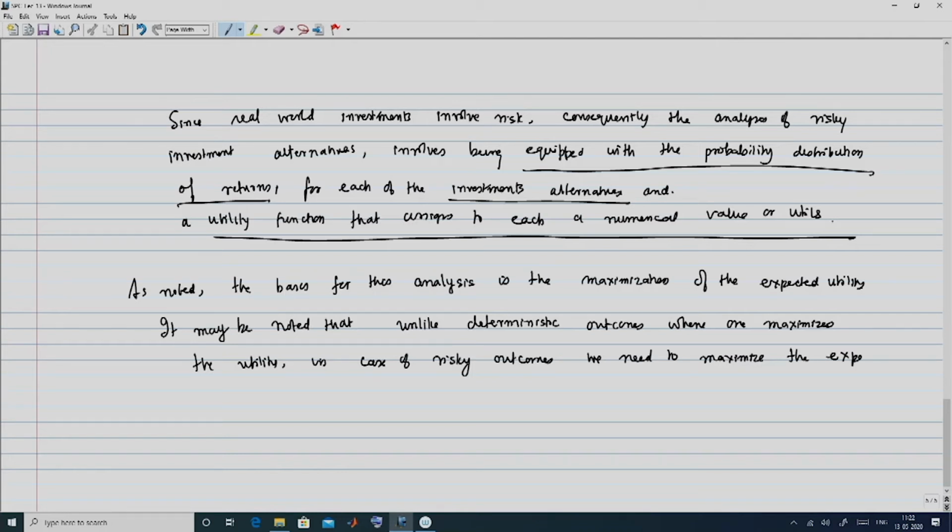So, we need to maximize the expected utility.